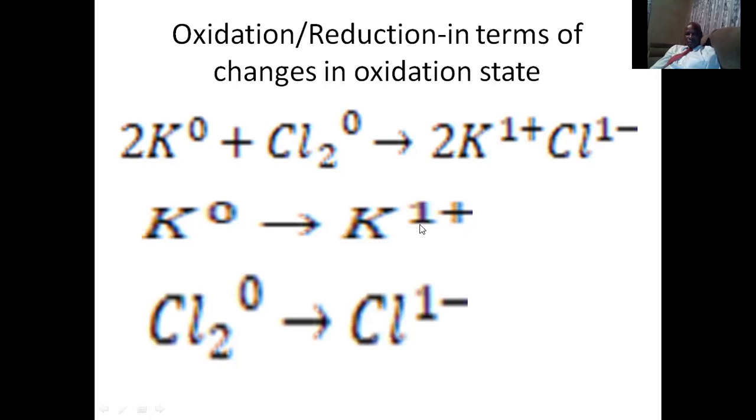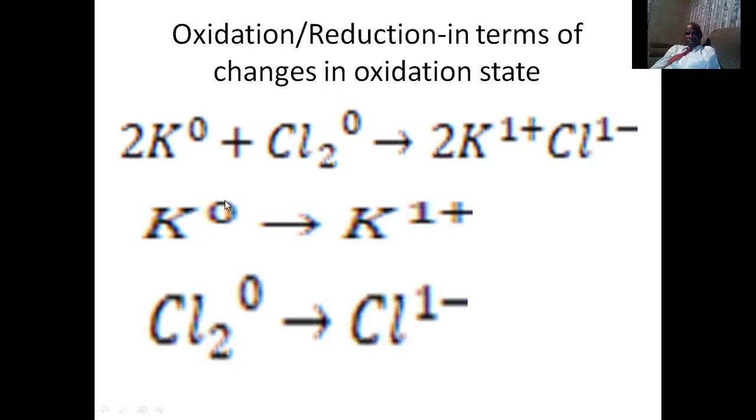That is for potassium. And for chlorine, it has reduced from 0 to -1. As you may be aware, 0 is greater than -1.